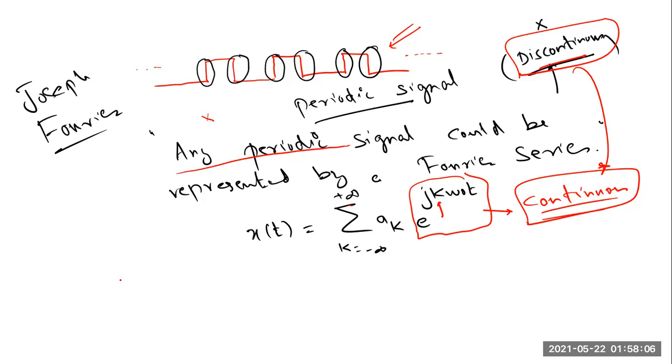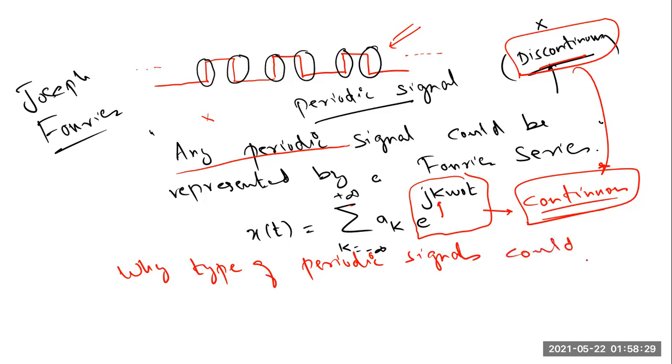So let me put this question: what type of periodic signals could be represented by Fourier series?